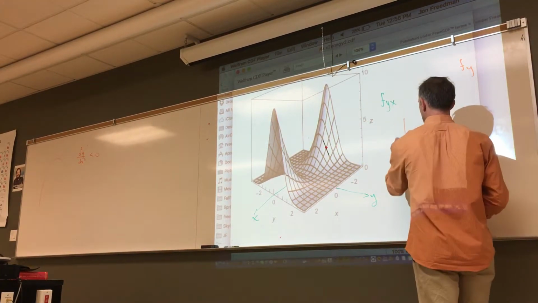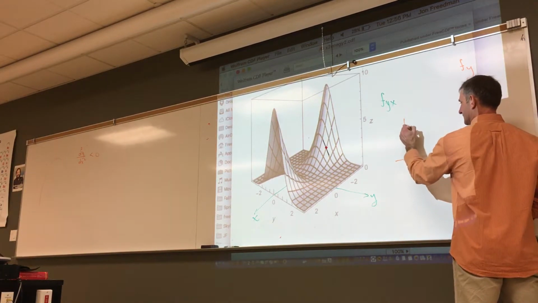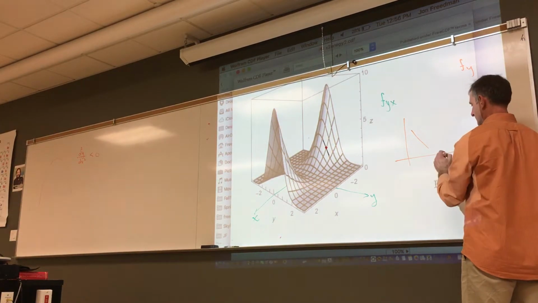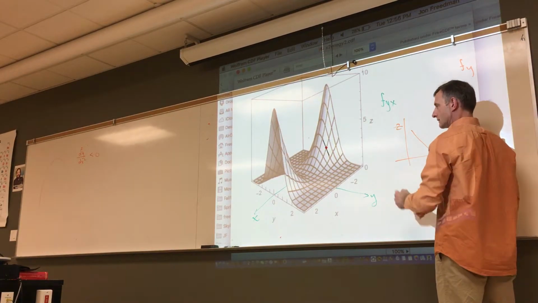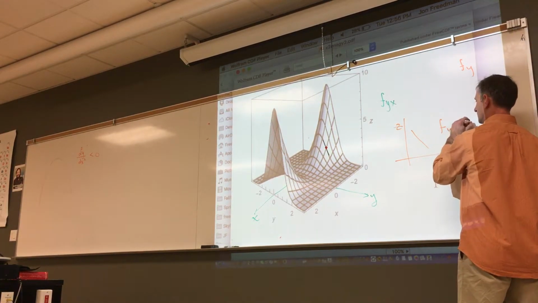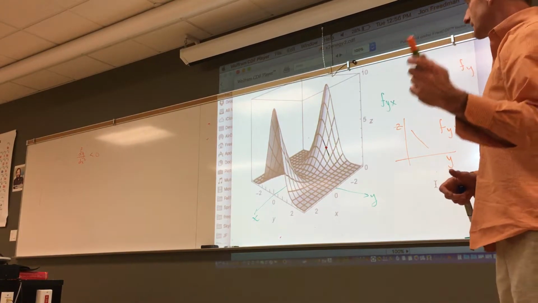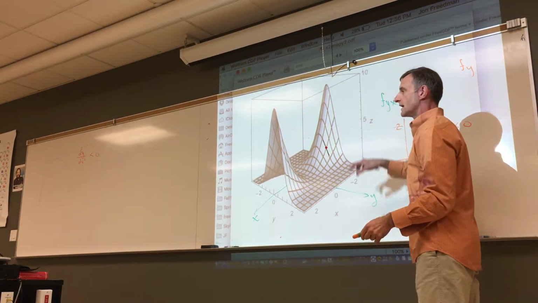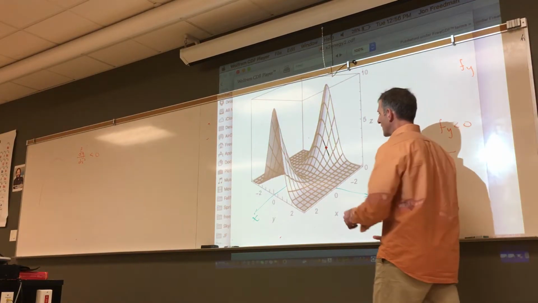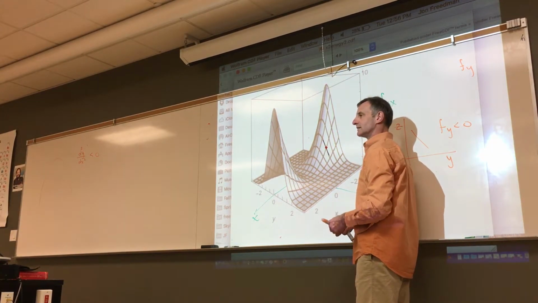This guy, in the yz plane, is looking like this. So I'm just asking about Fy. Cool? My next part of this is we're interested in Fyx, which is essentially what's happening around this point.